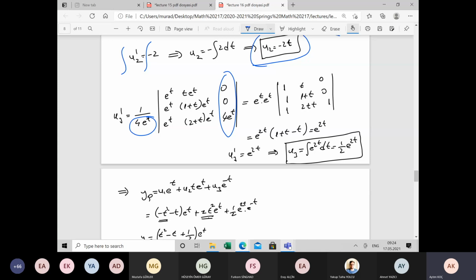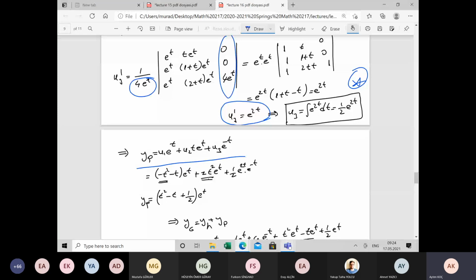Integrating both sides, we obtain u3. So write the particular solution. We substitute the values of u1, u2, u3, and we obtain the particular solution.